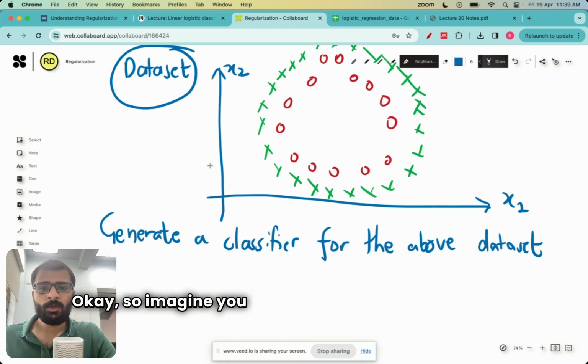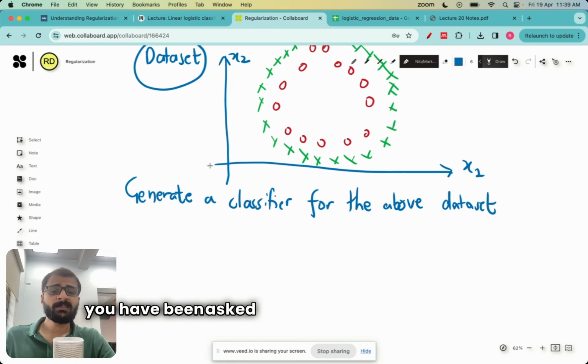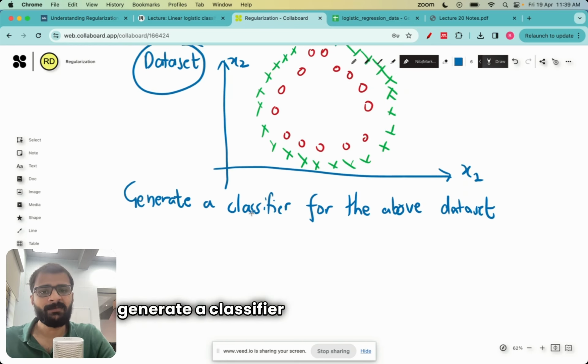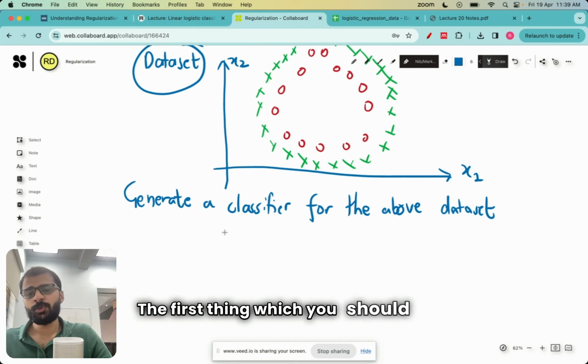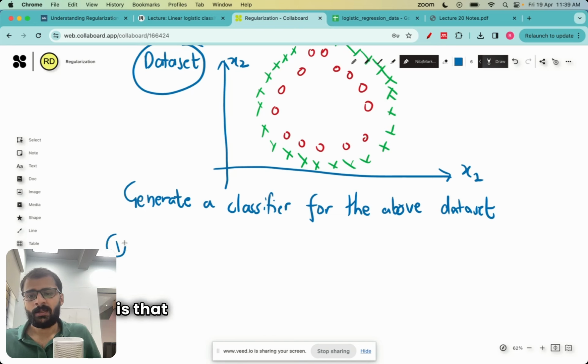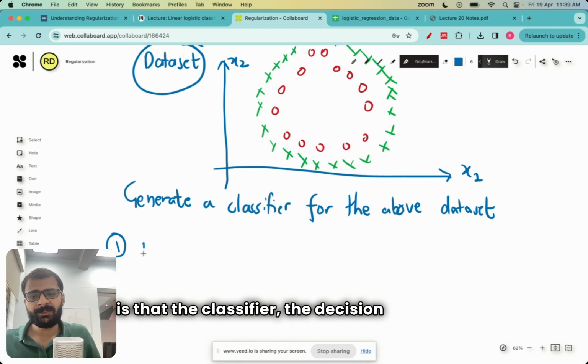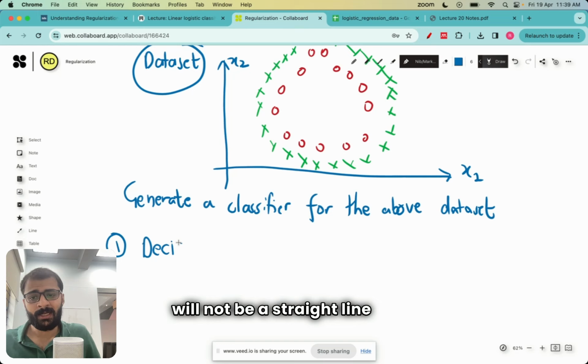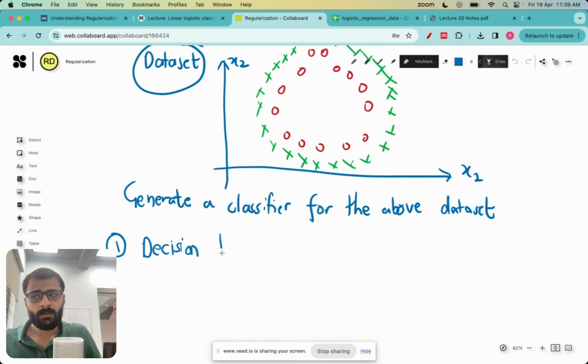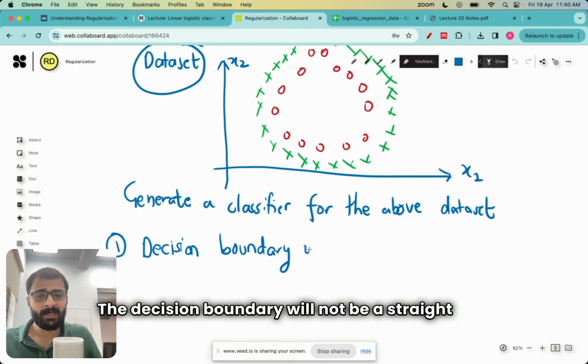Imagine you are a machine learning engineer and you have been asked this question that you have to generate a classifier for the above data set. The first thing which you should notice is that the classifier, the decision boundary will not be a straight line here.